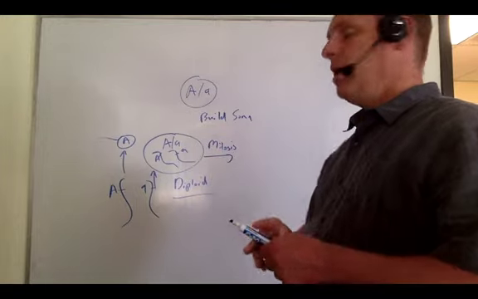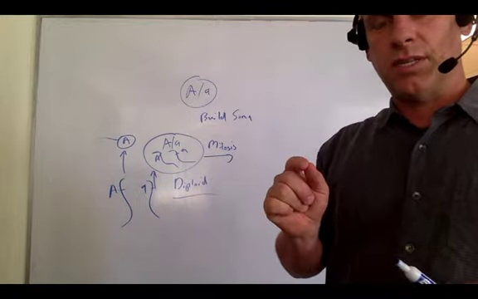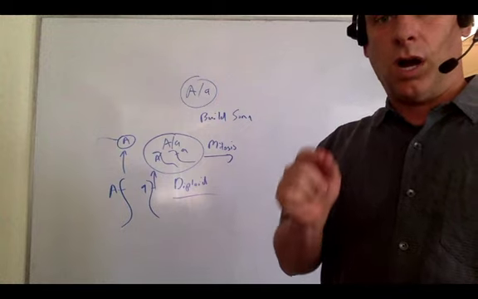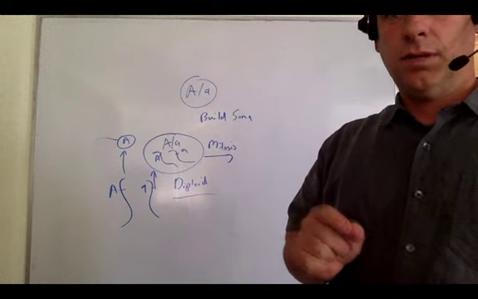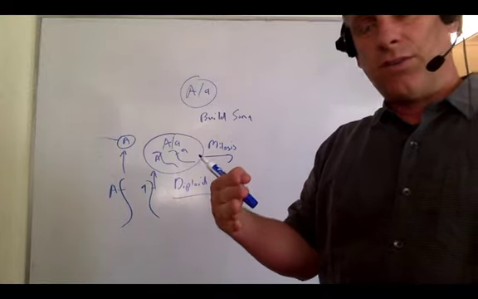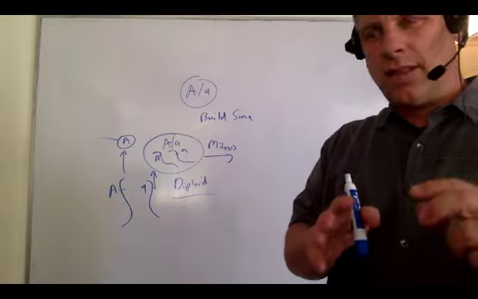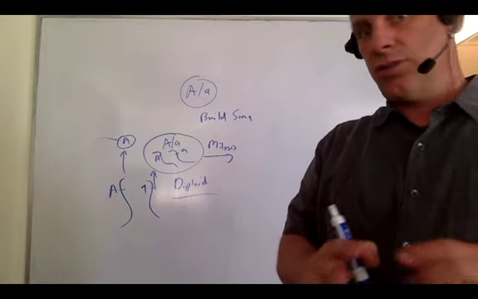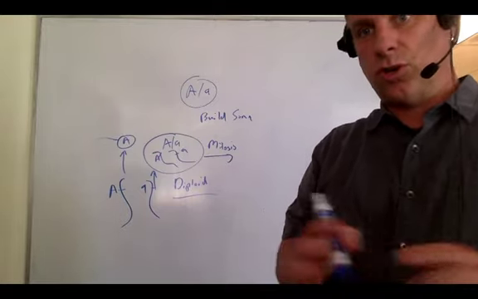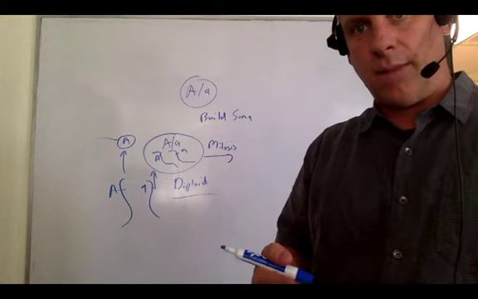Now I want to be clear about one thing. Mitosis does also occur in the germline, right? Because cells need to expand prior to going through meiosis. And so it's not like the germline has no mitosis. The germline has plenty of mitosis. There's germline stem cells that are dividing through mitosis all the time.